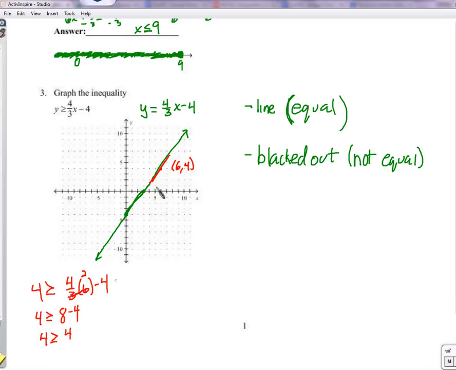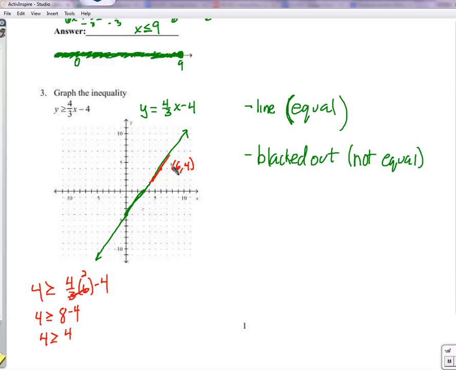And that's going to happen every time we pick a point from on the line, we plug it into the inequality, both sides are going to be equal, exactly the same. Now we need to find which side is blacked out. We need to black out the correct side, meaning that it's also a set of infinite points that make both sides not equal, okay?